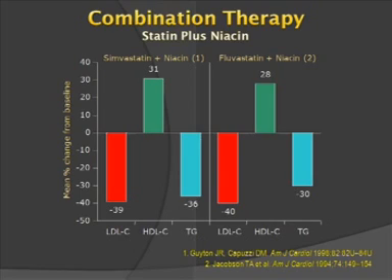As you can see, this combination here, either simvastatin plus niacin on the left hand side or fluvastatin plus niacin on the right hand side, both these combinations are reducing the LDL significantly, increasing the HDL significantly, and reducing the triglycerides significantly.